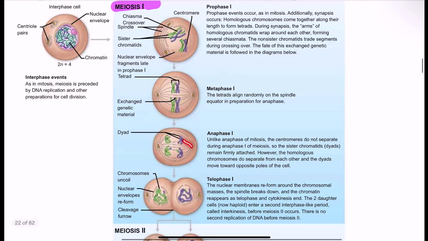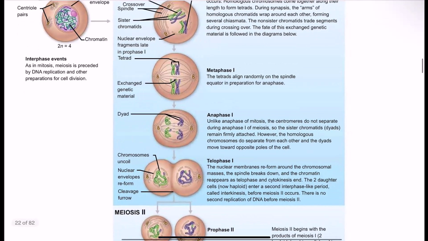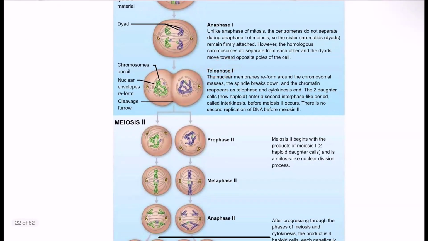Anaphase, we're still pulling apart those chromosomes. However, in anaphase, we're pulling apart homologous chromosomes. Notice that there's that green X and that purple X. They're still getting pulled apart as a unit. In telophase 1, we still start to reform that nuclear membrane and all of the things. And that gets us into meiosis 2.